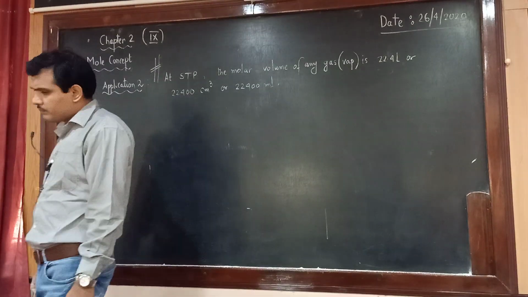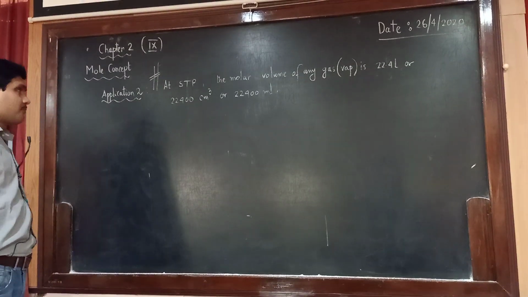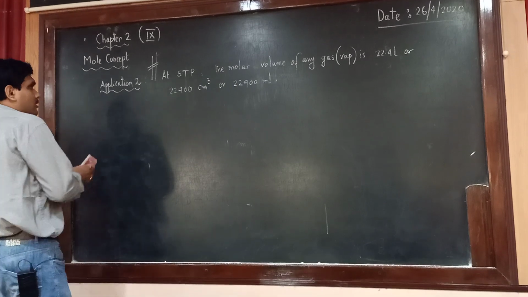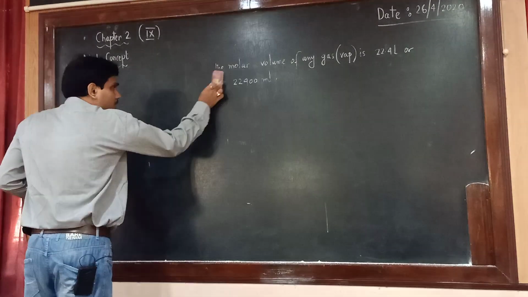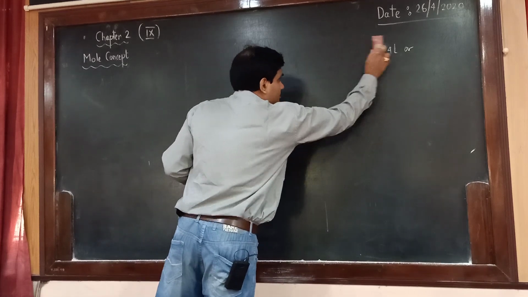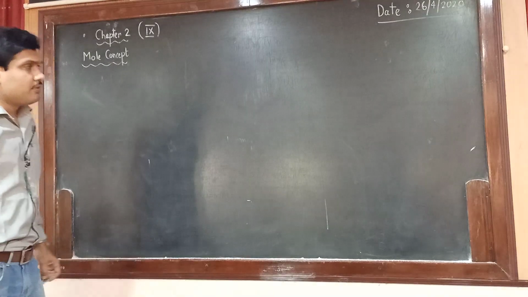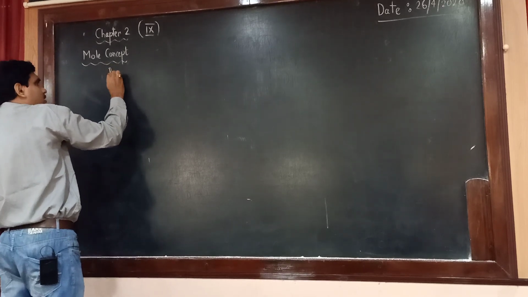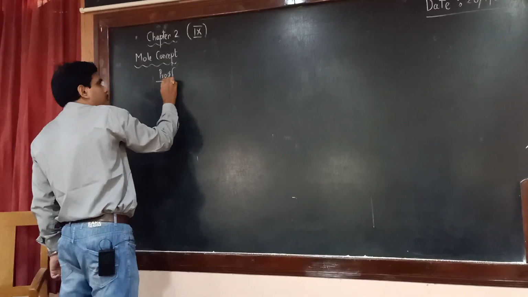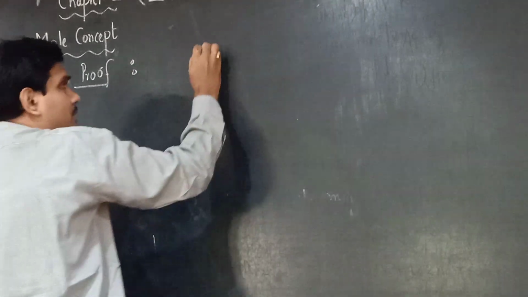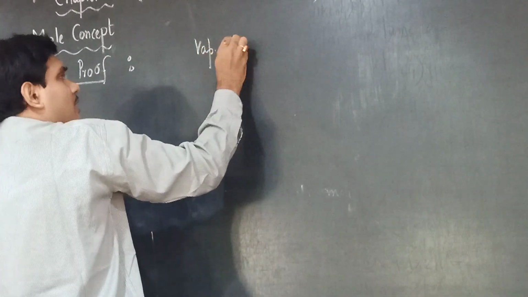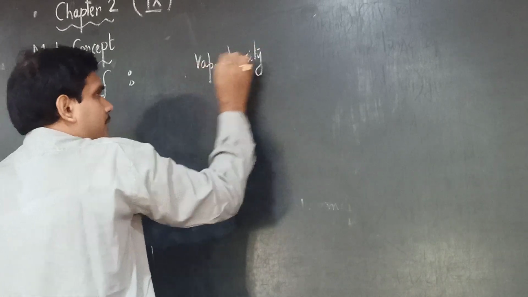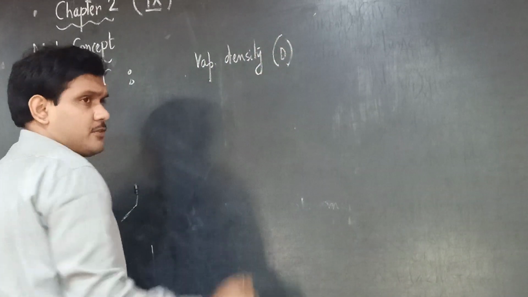So I can also bring out a proof of this relation. We have to derive this relation from the very starting definition of vapor density. I will try to prove this statement by the vapor density definition.